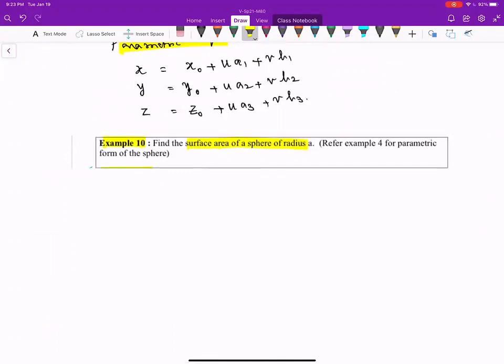So we will start with the parametric representation of the sphere.